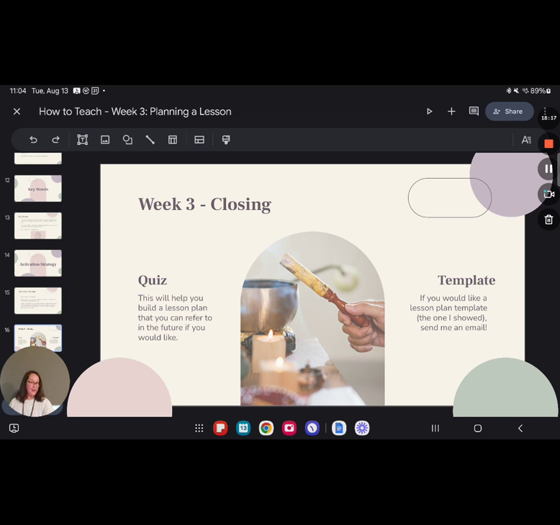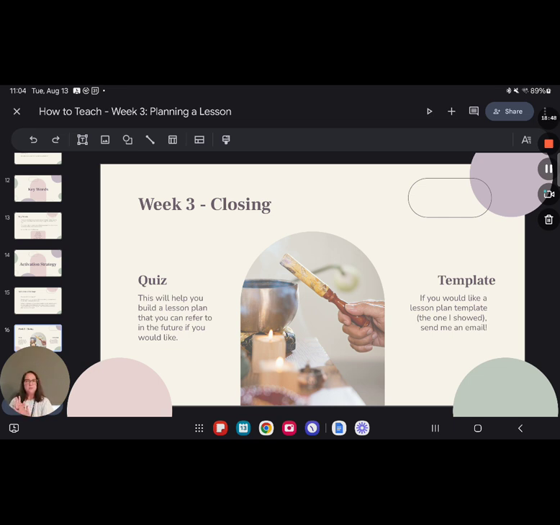I suggest that you copy and paste some of your responses into a Google Doc or a Word document so that you can keep track of the lesson plan that you are going to create. If you would like a template to plug this information into, I am happy to share the lesson plan template that I showed you earlier, the one I used for building this BDU course.